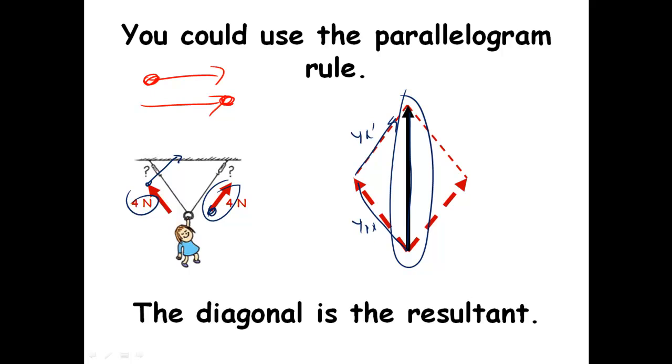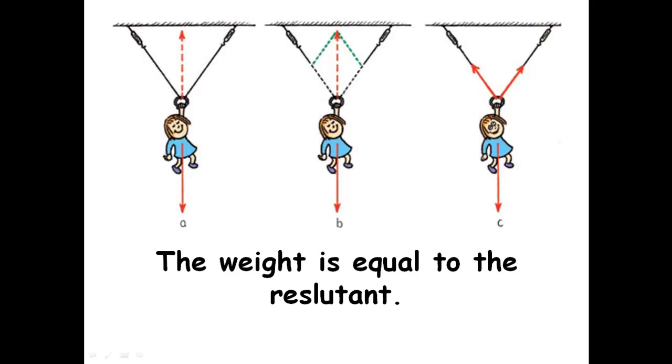There's one major application of this, however. Realizing that in each case here, A, B, and C, and including with Curly, they're not moving. Meaning, the total force pulling up must equal the total force pulling down.